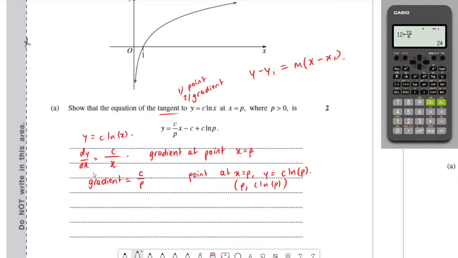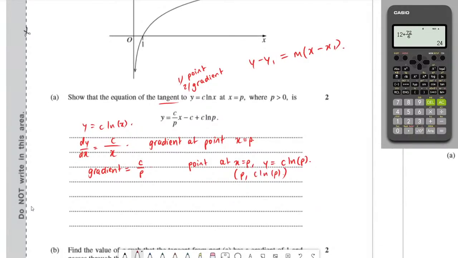Alright. So from here, we can substitute it into the point gradient form. So our y minus y1 is equal to m lots of x minus x1. So by doing that, we get y minus our y1 value, which is c natural log of p, and that's equal to c over p of x minus c over p of our x value, which is p.